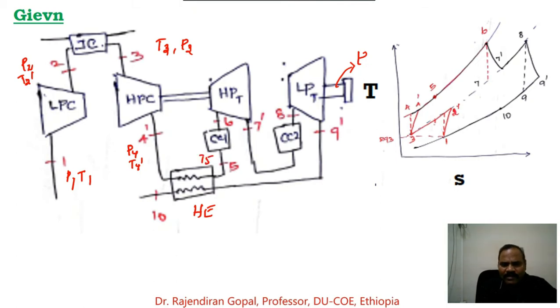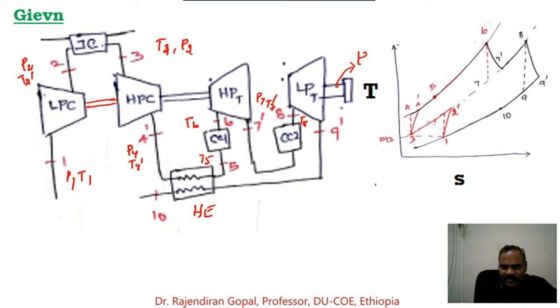In the combustion chamber the air is burned with the fuel supplied so that the temperature increases to T6, but the pressure is constant. In the high pressure turbine it is expanded to T7 and T7 dash. The work of the high pressure turbine is used to run the compressors. The exhaust from the high pressure turbine is again heated at constant pressure to the temperature T8.